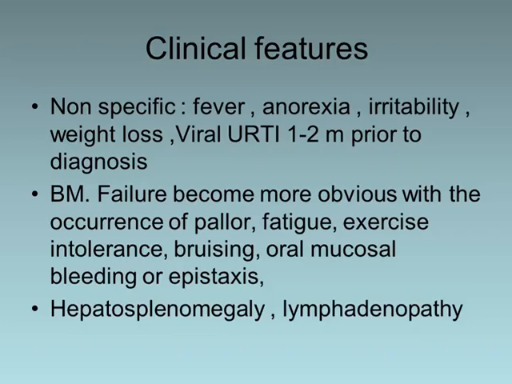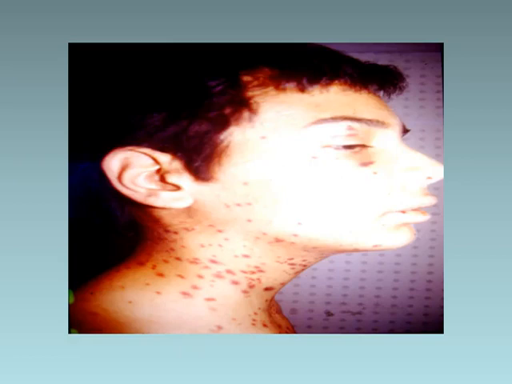The clinical features: the early manifestations are non-specific. There is fever, anorexia, irritability, weight loss, and viral upper respiratory tract infection 1 to 2 months prior to diagnosis. Bone marrow failure becomes more obvious with the occurrence of pallor, fatigue, exercise intolerance, bruises, oral mucosal bleeding, and epistaxis, with hepatomegaly and lymphadenopathy.